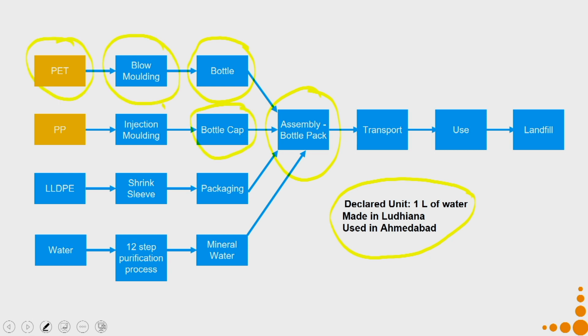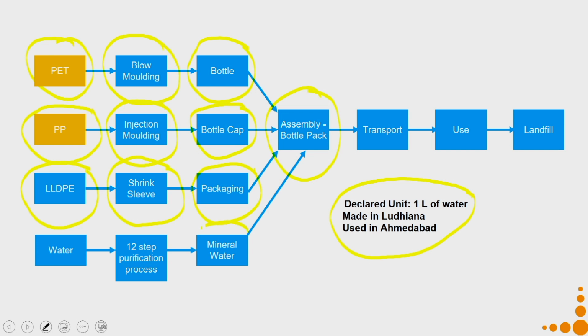So, my bottle cap, I will make it by injection molding, and it will be made with polypropylene. Then the bottle packs will have to be packaged in secondary packaging, so that it stays safe during transportation. That packaging will be made up of shrink sleeve, and the material which will be used will be LLDPE.